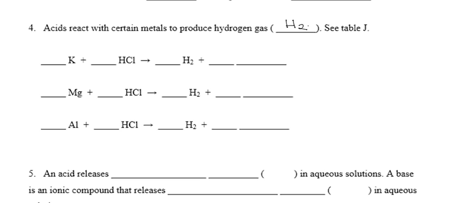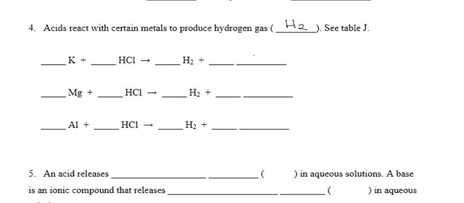So all 3 of these metals, K, Mg, and aluminum, are above H2. So you have to be able to identify that when a metal reacts with an acid, a single replacement reaction will happen. K bumps the H out, forming H2, and then some kind of salt.